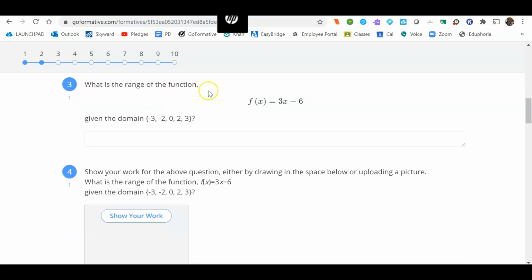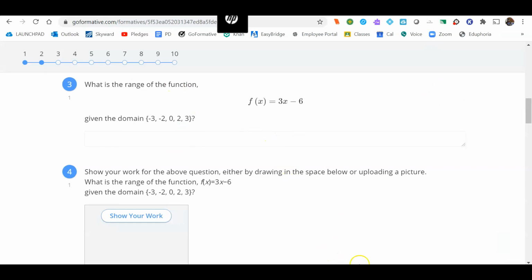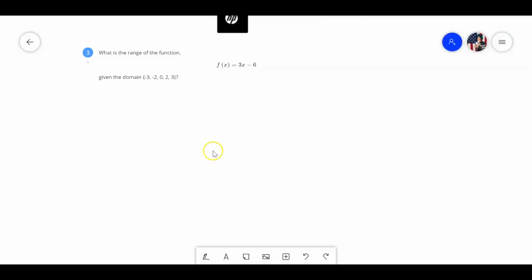Now, what is the range of the function? So we took that problem, and it says, what is the range of the function given the domain? Now let's talk about this. It's asking what is the y, right? So remember, f of x, that's your y, given the domain when x is -3, -2, 0, 2, and 3.